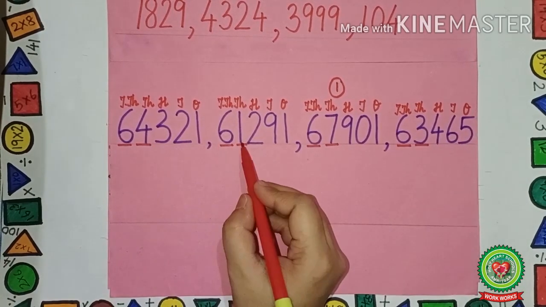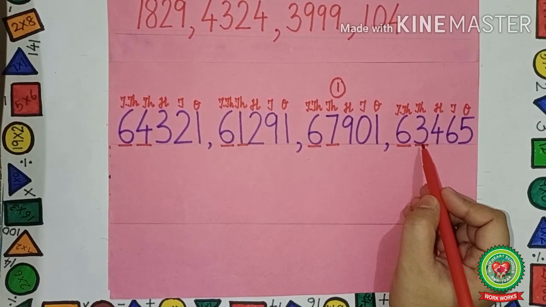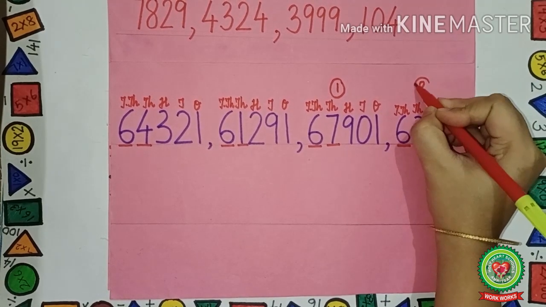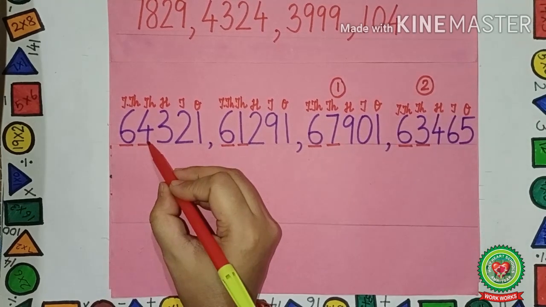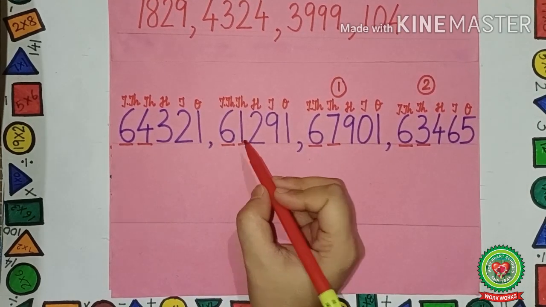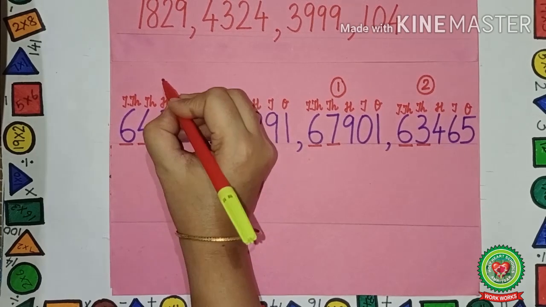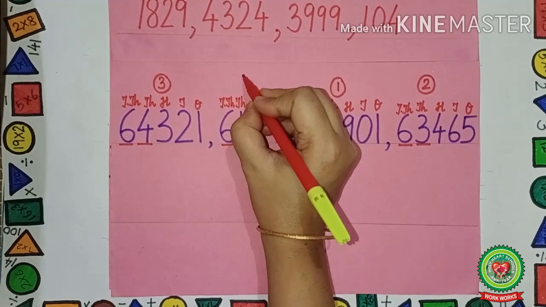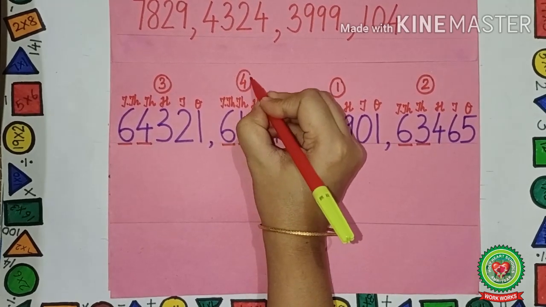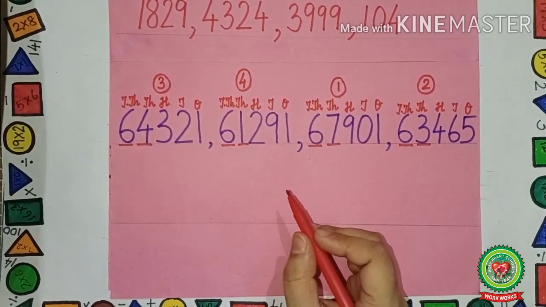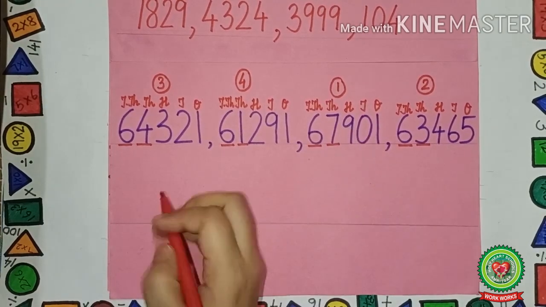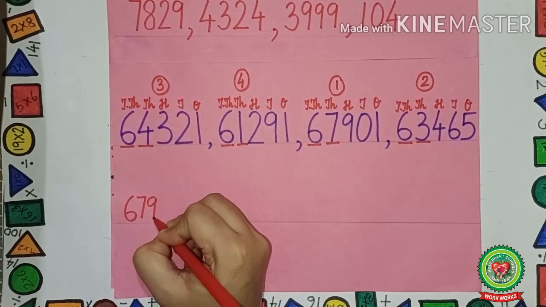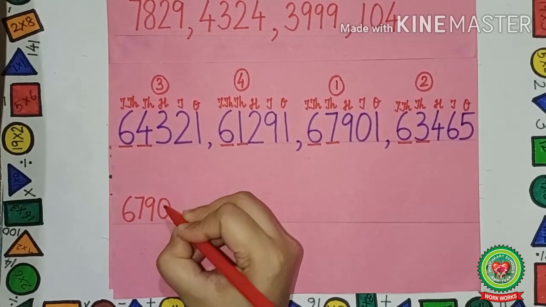Now 4, 1, 3. Which one is the biggest? 3 is the biggest. So this number is the second in the order. Now 4 and 1. Which one is the biggest? 4 is the biggest. So we will write over here 3. And this number is the last one in the order. Now according to this, let us arrange it. Now first one is this one, that is 67,901.